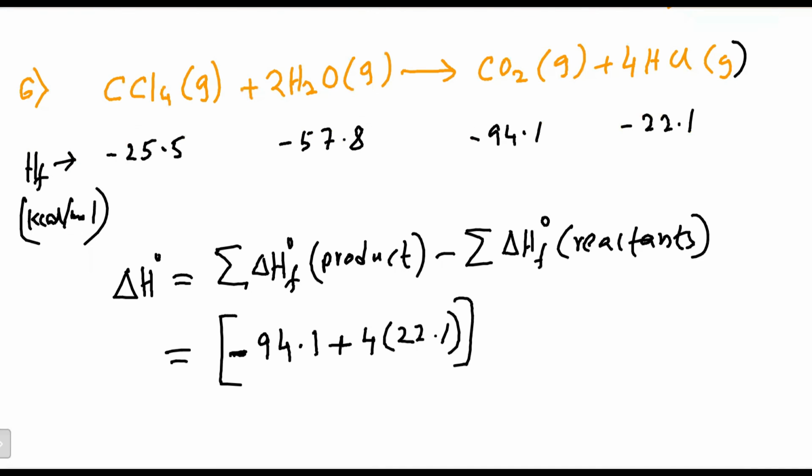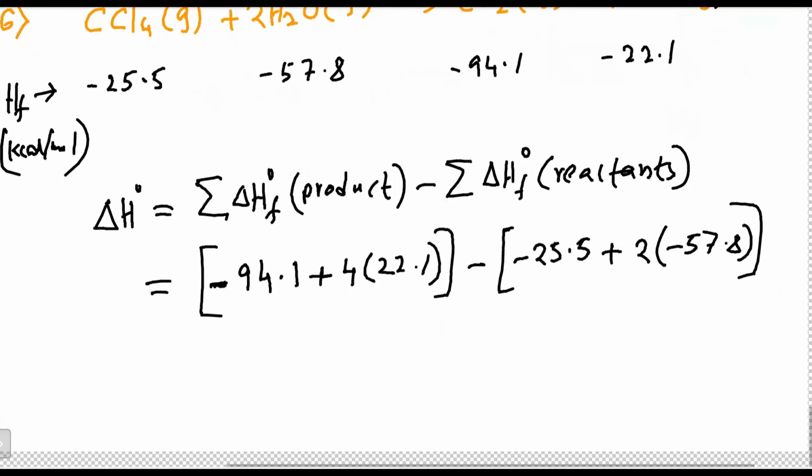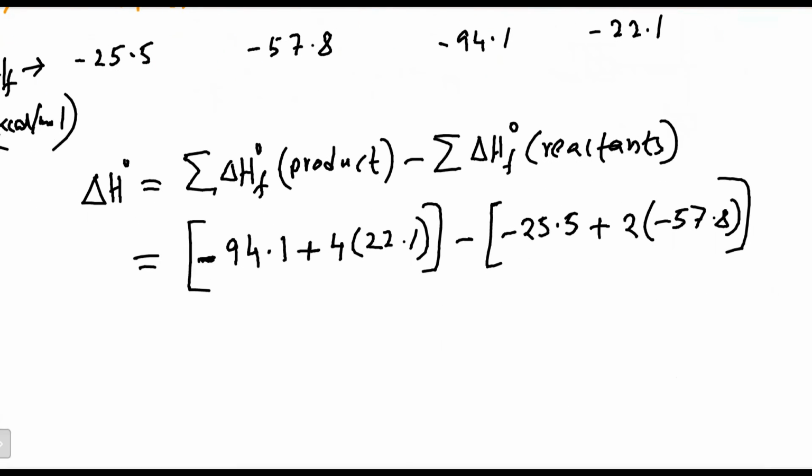This is the product part, minus the reactants: for CCl4 it is minus 25.5 plus 2 into minus 57.8. This is the formula to find the standard enthalpy change for the reaction.